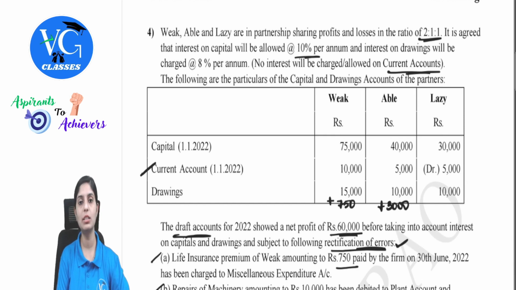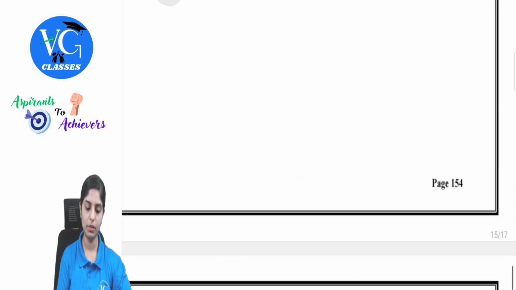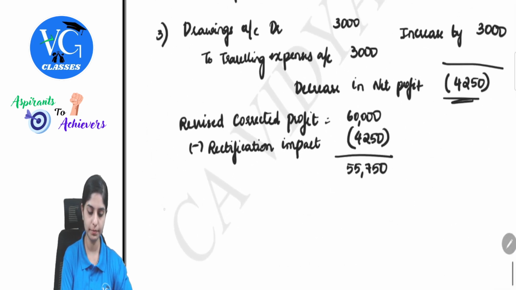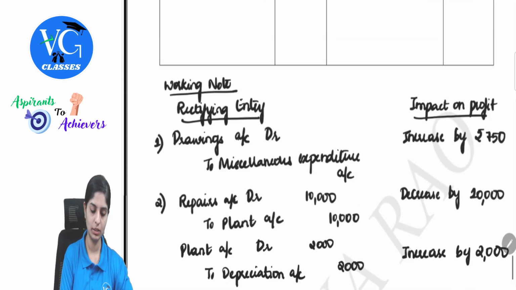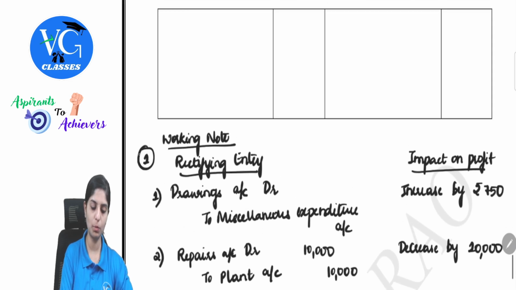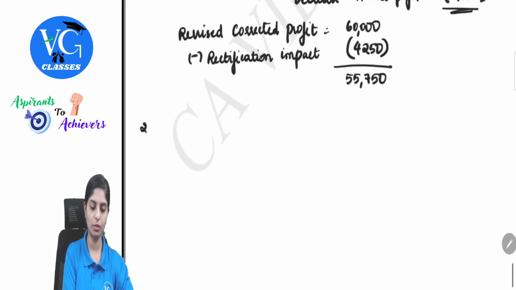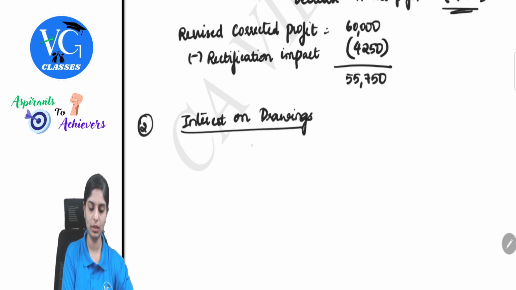No. So then we will just take the average period. If nothing is mentioned, we will take it as 6 months. So let's calculate by working note here. Working note number 1. Working note number 2, interest on drawings. Weak, Able and Lazy.